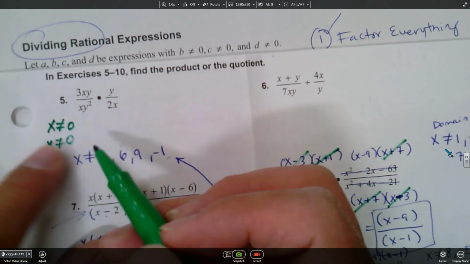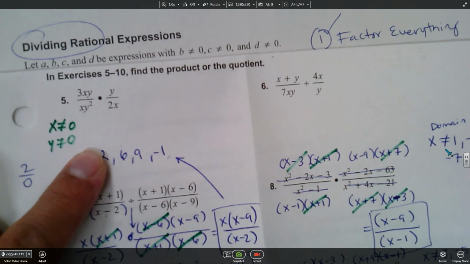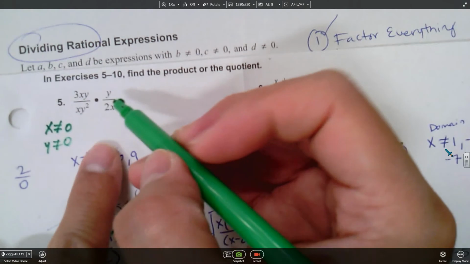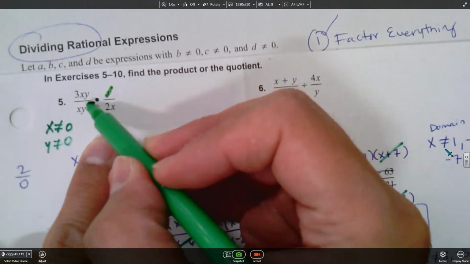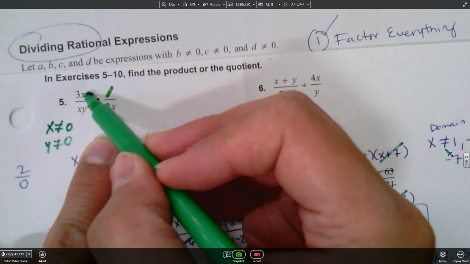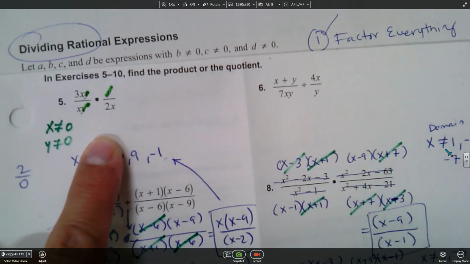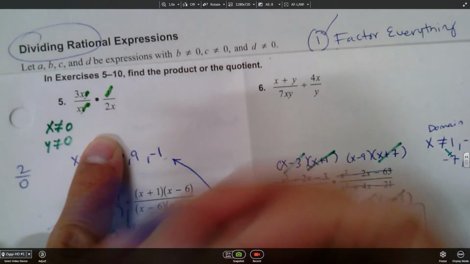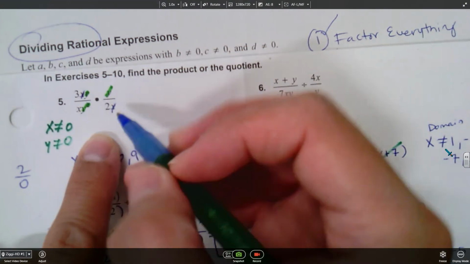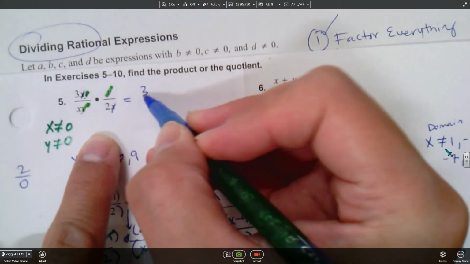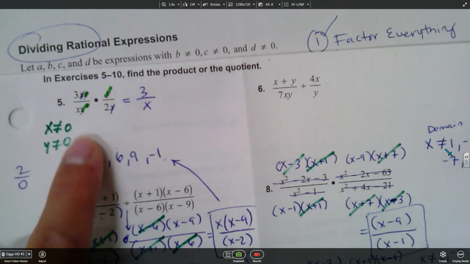That's it. Then you cross off anything that's at the top and bottom. This y cancels out with one of those, and this y will cancel out with that y, so no more y's. And then it looks like one of these x's cancel. So now across, you have a 3 and just an x.